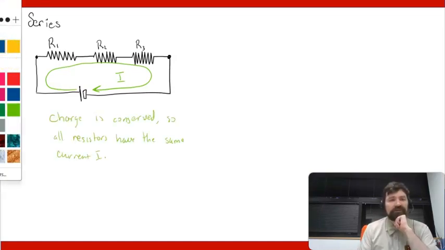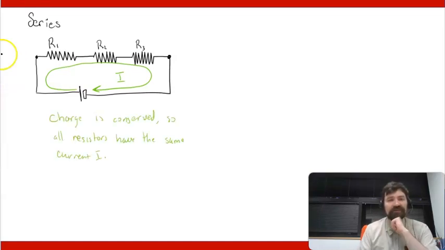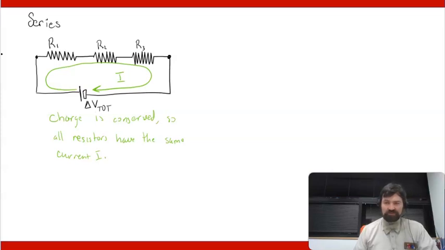Now let's call the battery down here just a voltage source. We'll say that it has V total. Now V total is basically how much total work can be done on this charge as it moves around the circuit. And some amount of work is done in pushing it through this resistor.